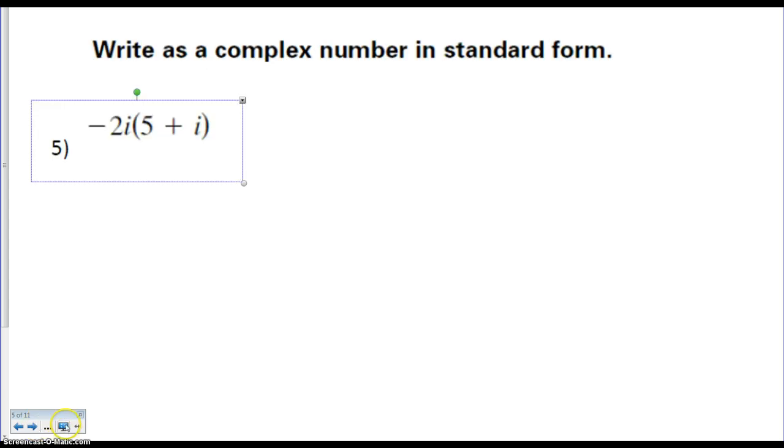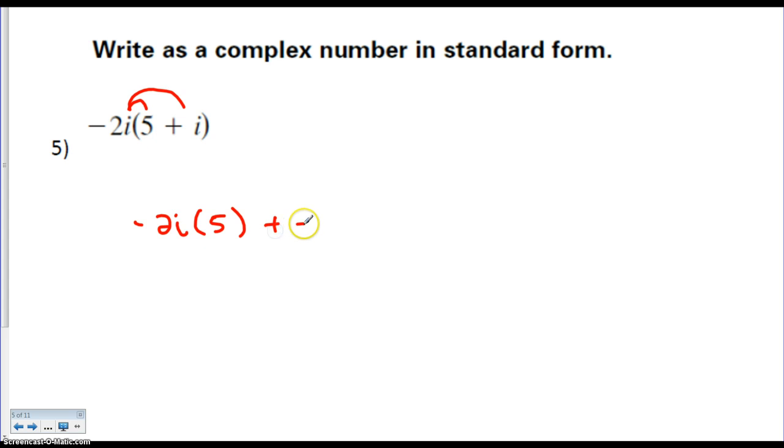So let's look at an example. What I'm doing here is taking negative 2i and distributing it to the 5 and to the i. So I'm taking negative 2i times 5, and then negative 2i times i.